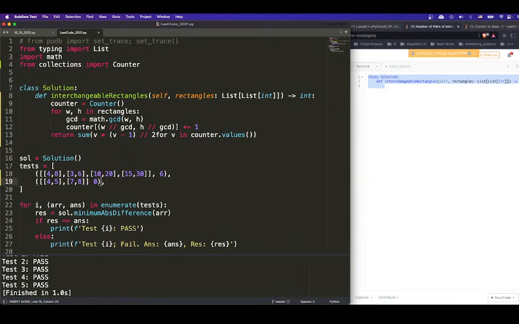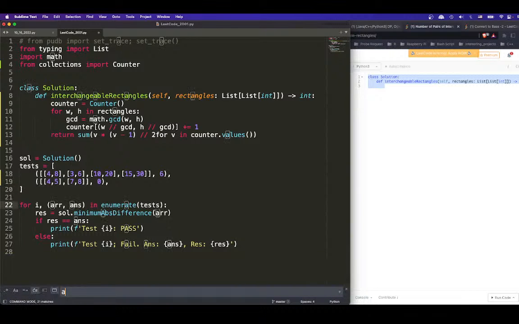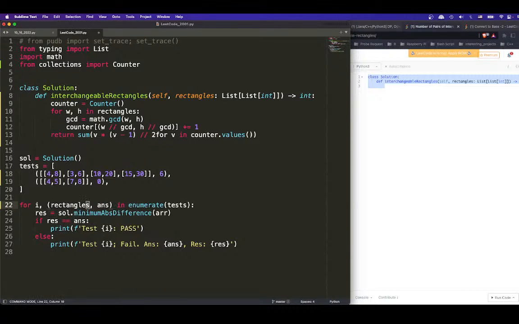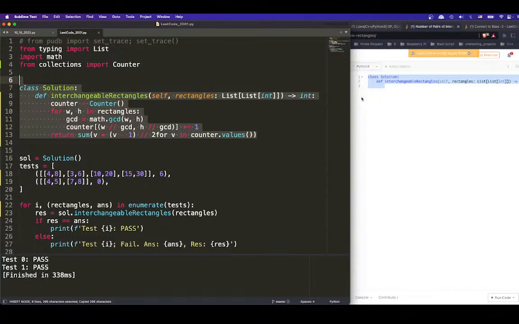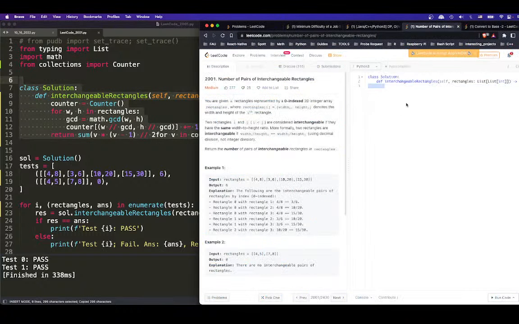Zero. That's it. Only got 2. We can add a few rectangles on our own.